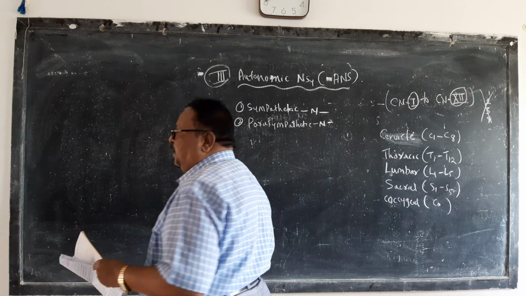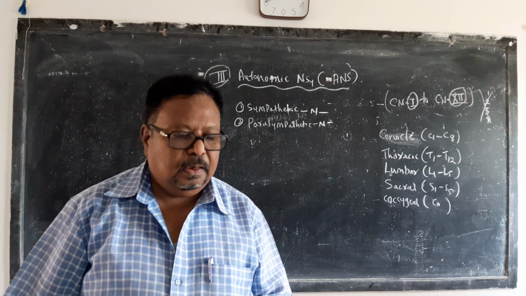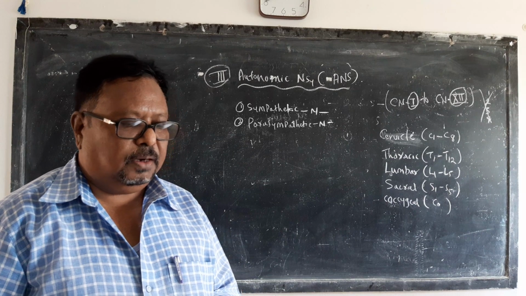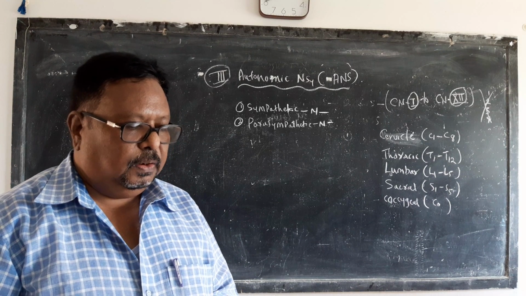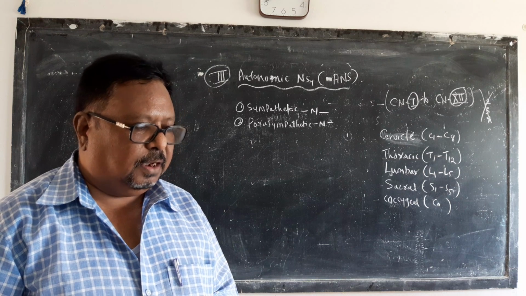Sympathetic and parasympathetic nerves are present in the autonomic nervous system.